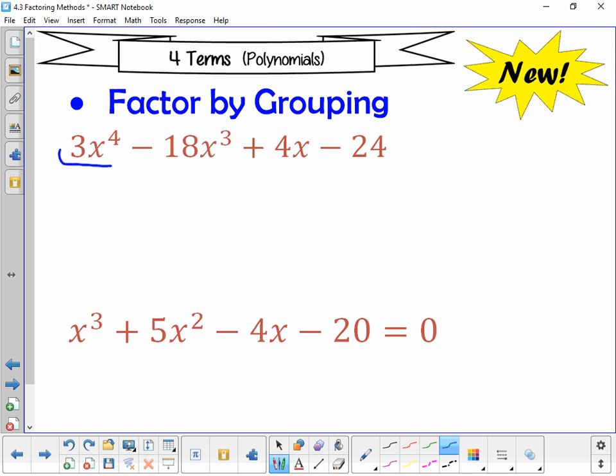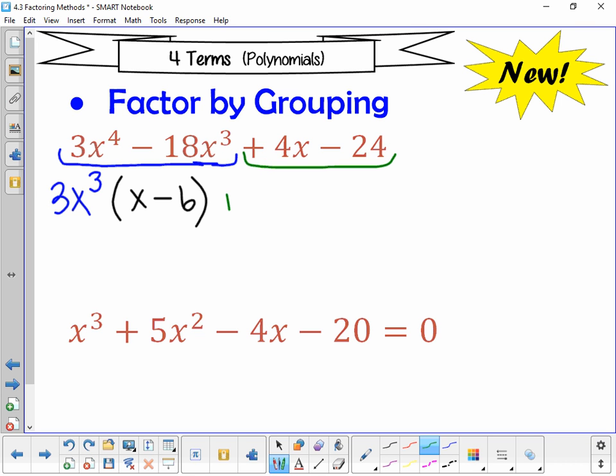So first group, I look at the first two terms together. These happen to have a 3x to the third in common. If I factor that out, I'm left with an x minus 6. I look at my second group and I notice they have a 4 in common. If I factor that out, I am left with an x in this position and a minus 6.